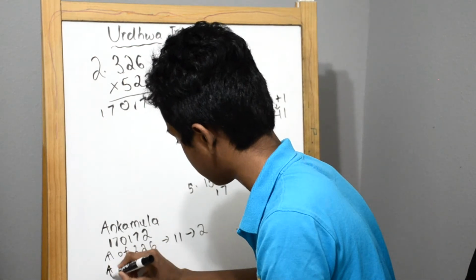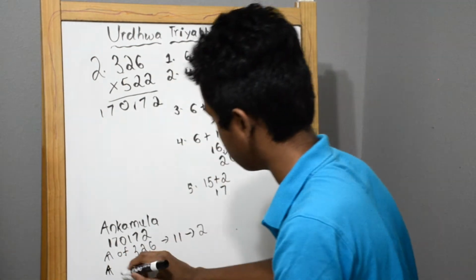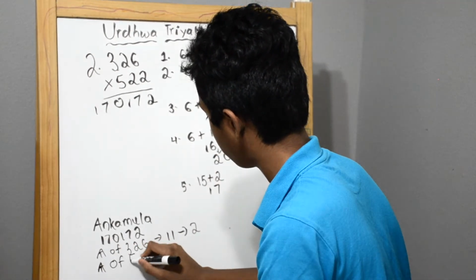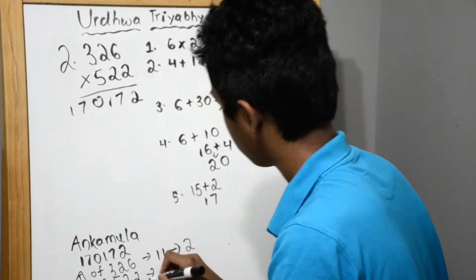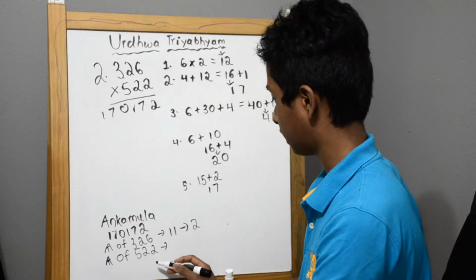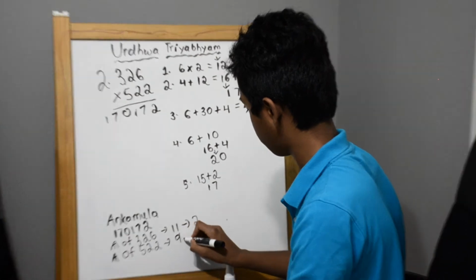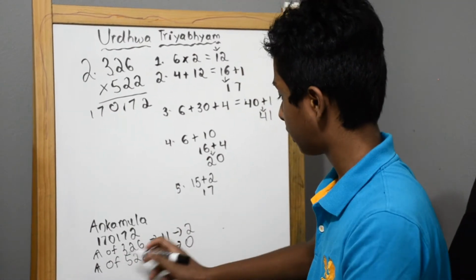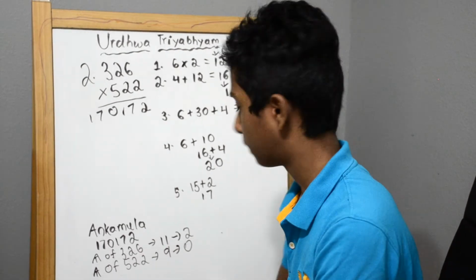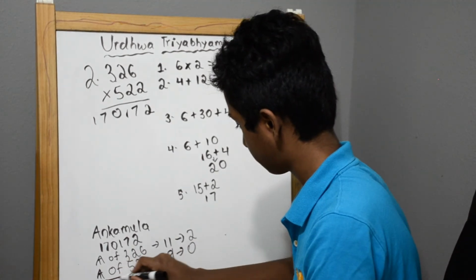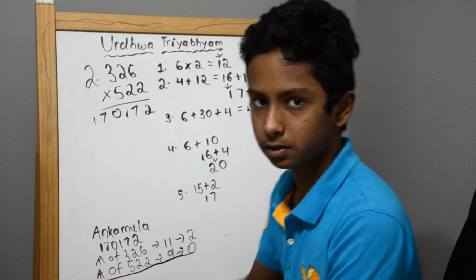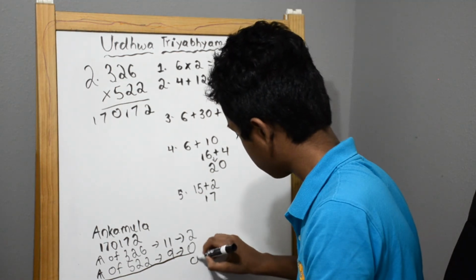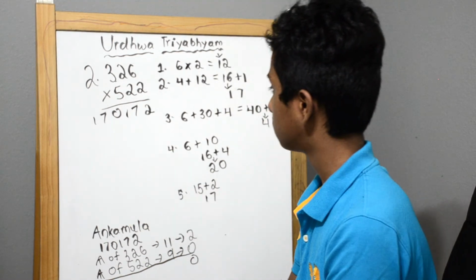Now the next one, 522. So the Anka Mulla of 522. 5 plus 2, 7. 7 plus 2, 9. 9 counts as 0. So the Anka Mulla of 522 is 0. Finally, we multiply 2 times 0. 2 times 0 gives us 0. So our answer has to be 0.